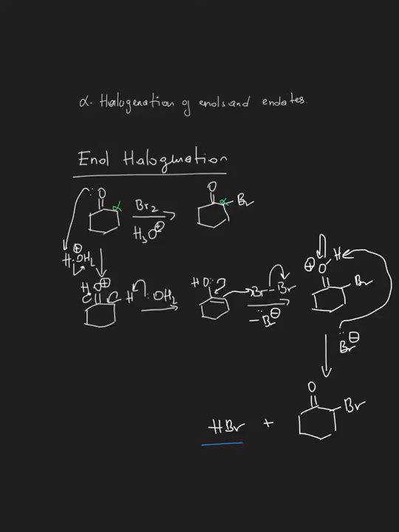And this HBr molecule here is actually important, because the reaction requires an acid, right? But at the end of the reaction, it also generates a molecule of acid in the form of HBr. So that means this HBr can go back and catalyze the reaction itself.